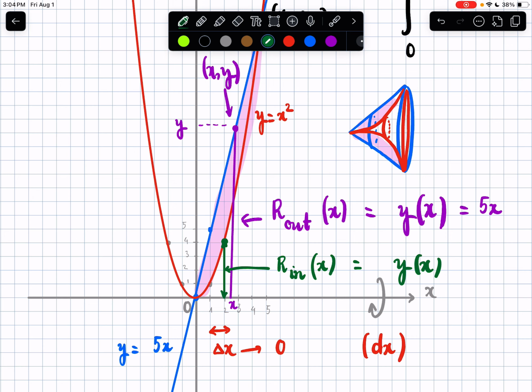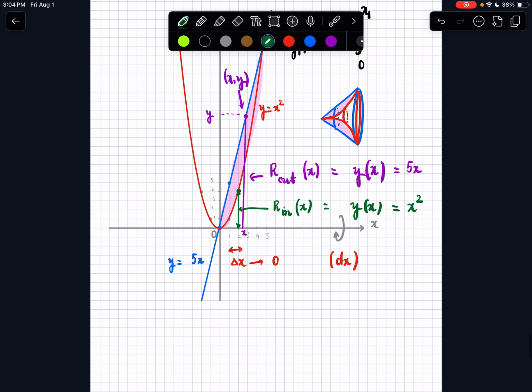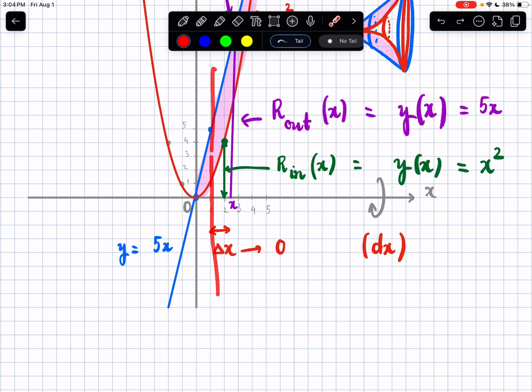So x squared. If we slice this perpendicular to the axis of revolution, the cross section is actually a washer.